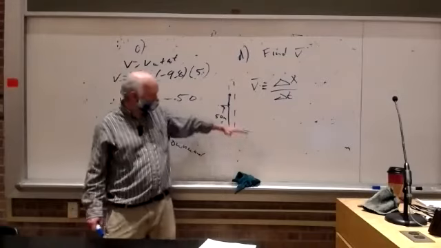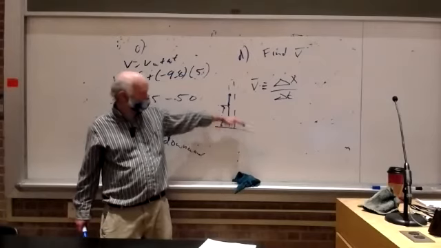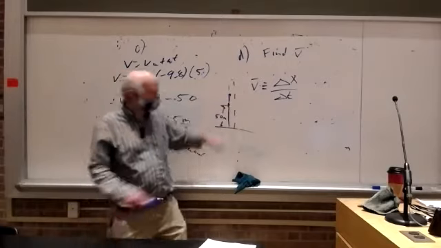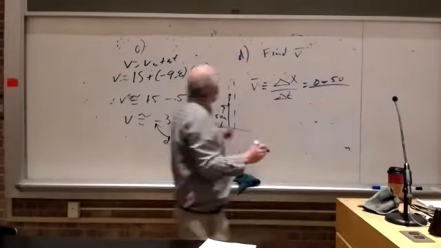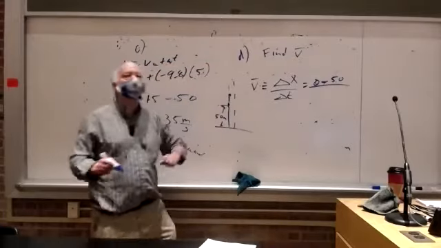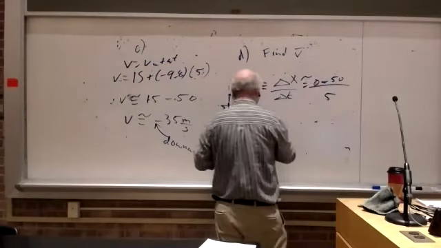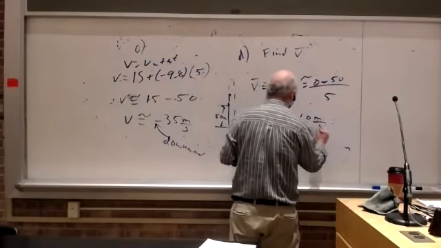So you take this value, which is x equals 0, minus the initial position, which is x equals 50. So this is really 0 minus 50. And how long did we say it takes to go up and then down? We said about 5 seconds. So the average velocity is something on the order of minus 10 meters a second.